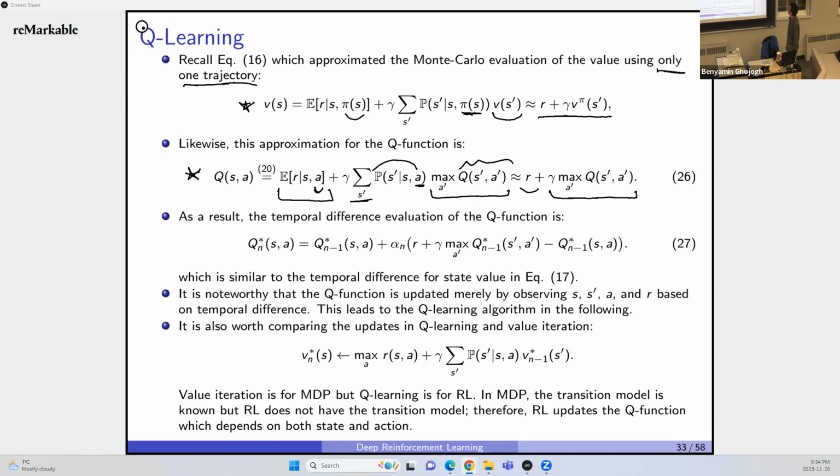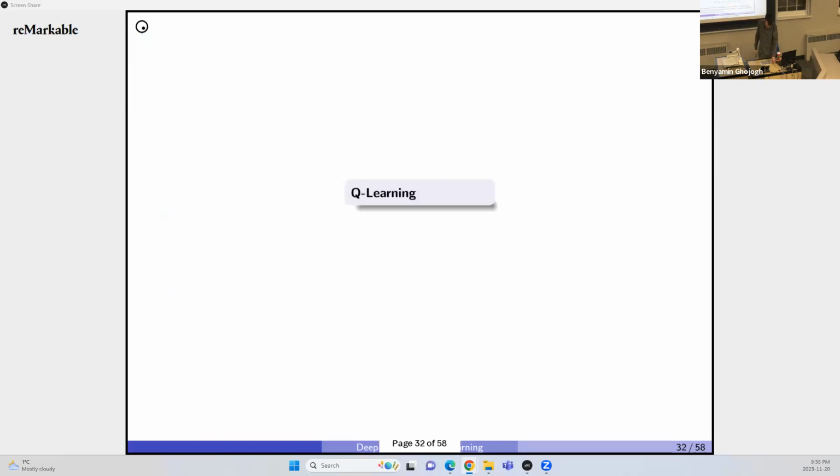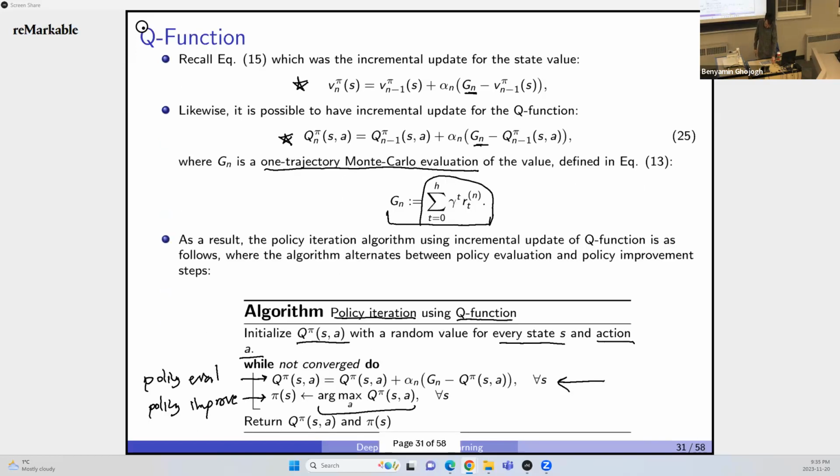Now, do you remember in the temporal difference of value, we replaced G with this. Now in temporal difference of Q, we replace G with equation 26. As a result, this was G in incremental updates, right? Do you remember what I'm talking about? Here, I'm talking about this slide.